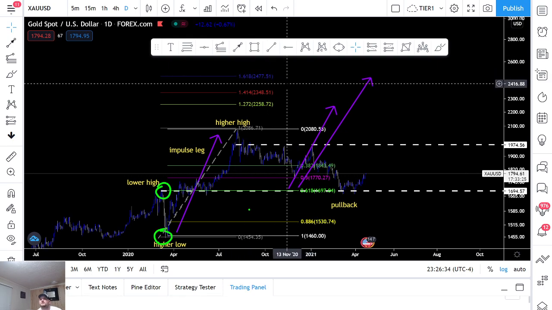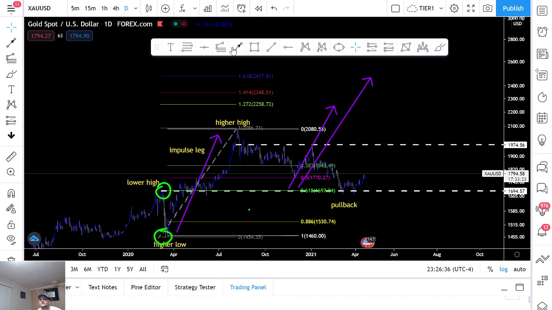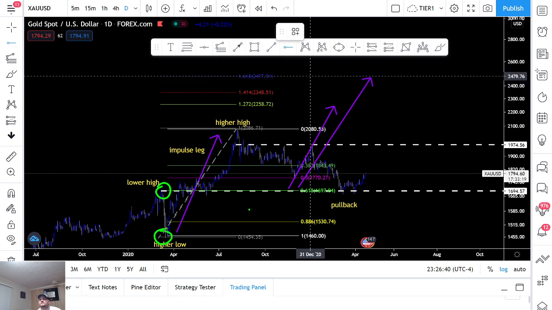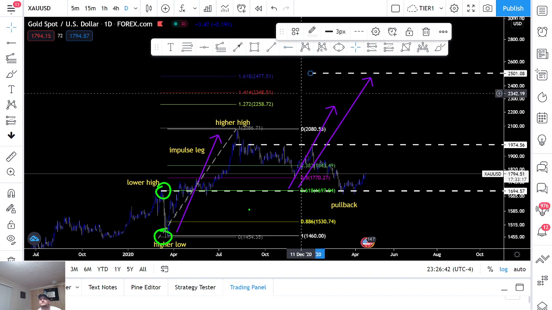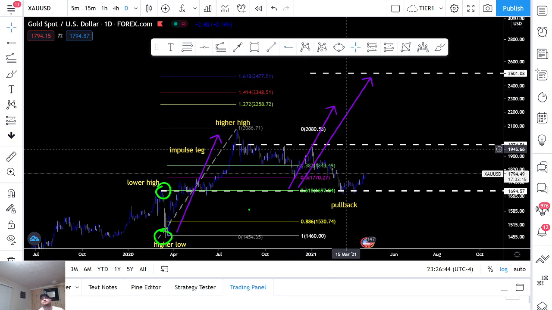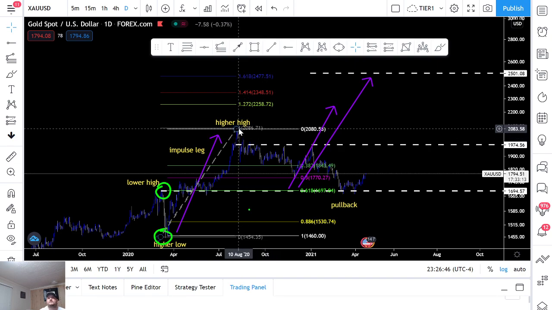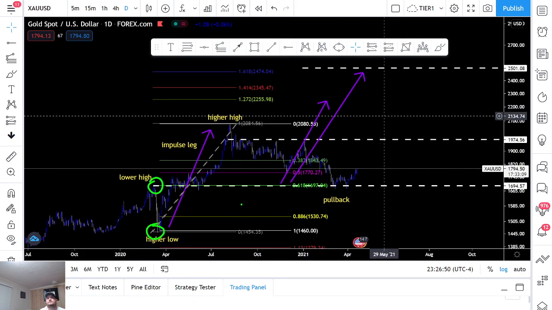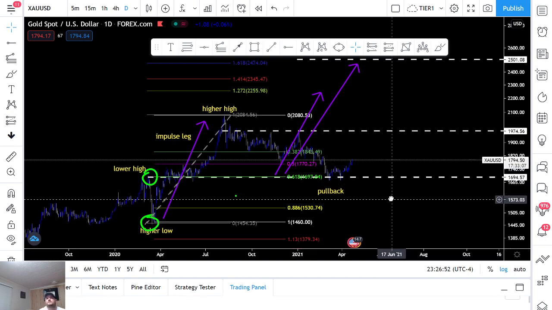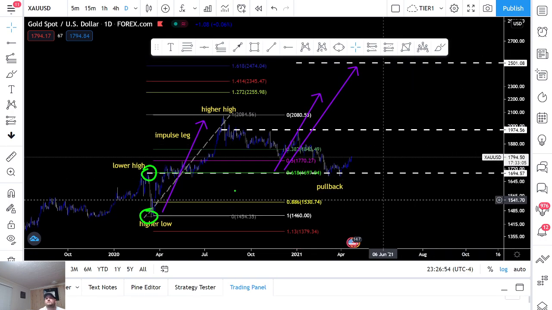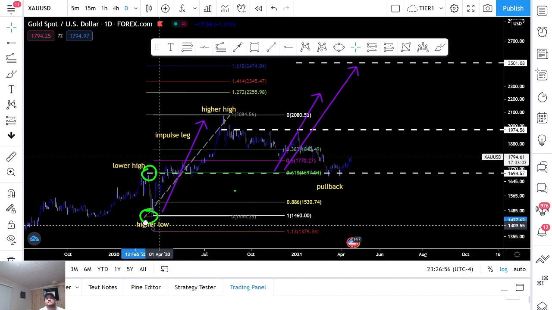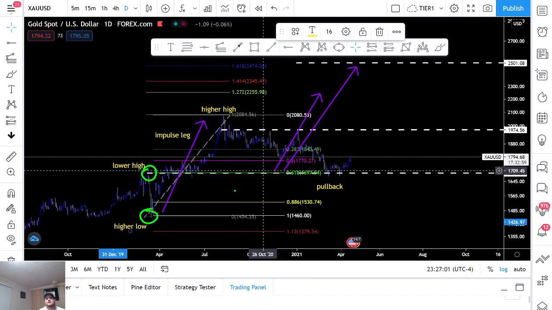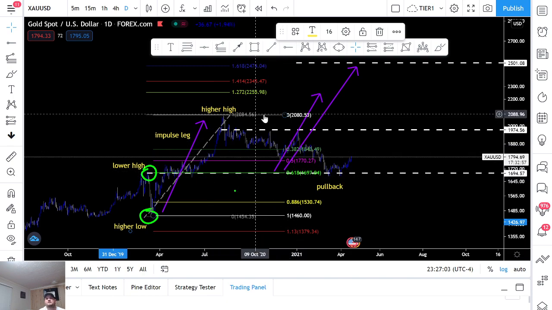You could just say 2,500. Makes sense? Because we would want to get our stop loss below this higher low. We would be looking for a retest of the high.